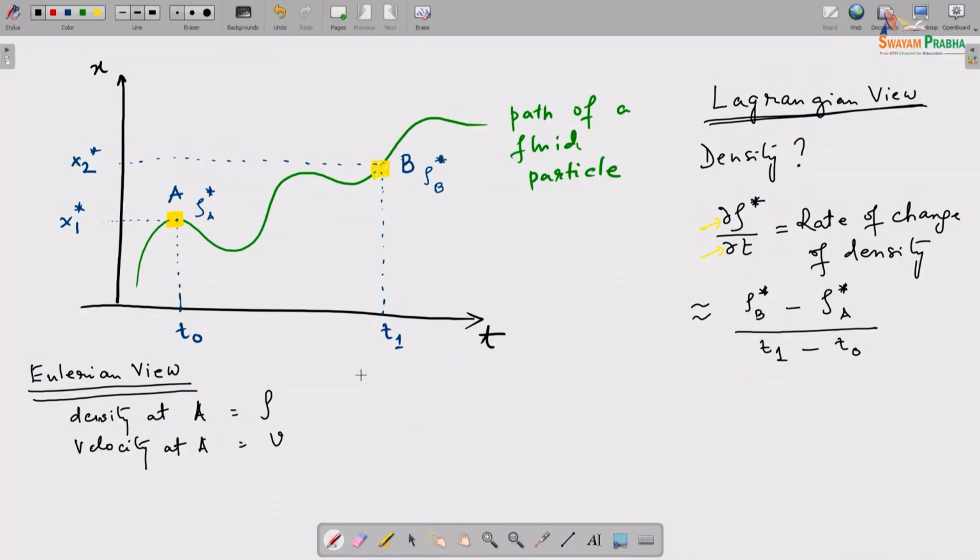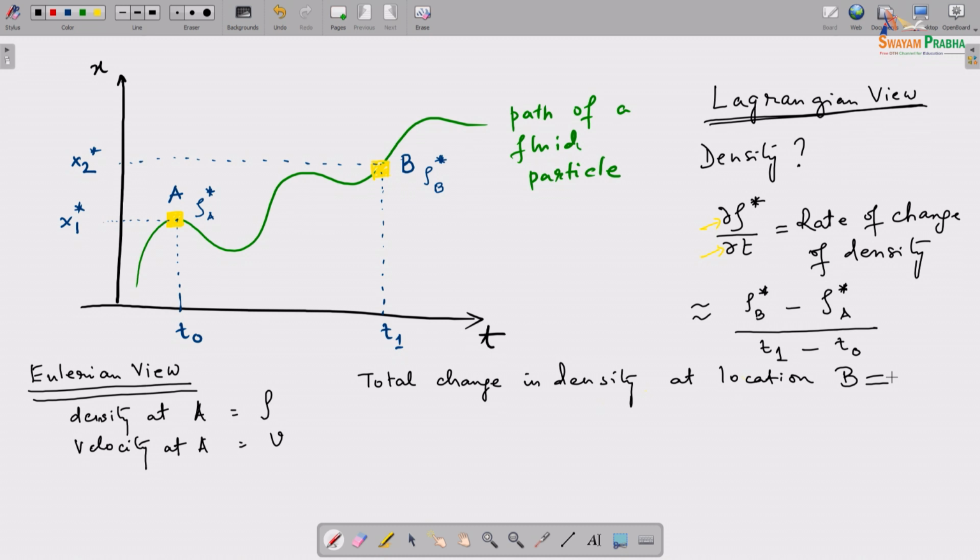What is the total change in density? So the total change in density at location B, let me write this down.